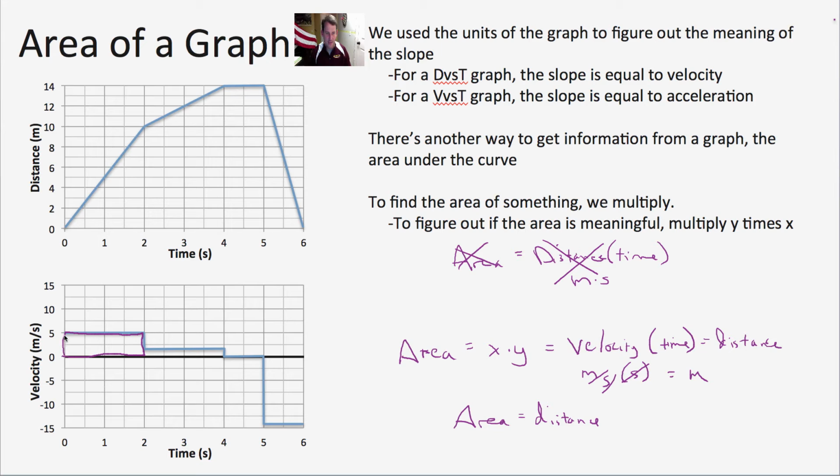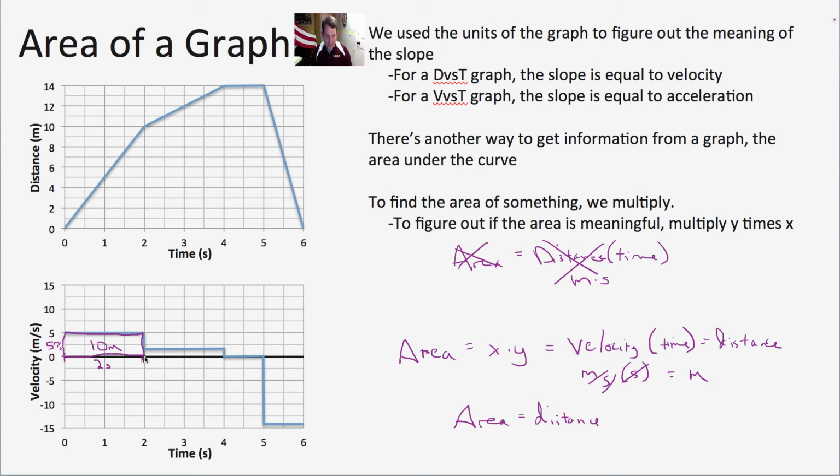This side of the box, it's a rectangle, so it's going to be length times width. This part is 5 meters per second. This part is from 0 to 2 seconds, so that's 2 seconds. And 5 meters per second times 2 seconds is equal to 10 meters. And sure enough, the area inside this box matches the distance we know we traveled.